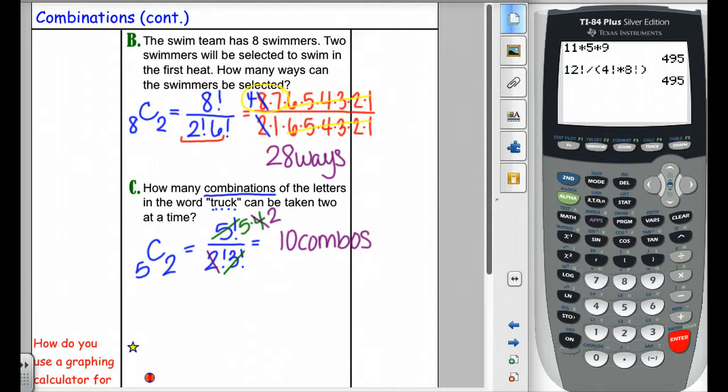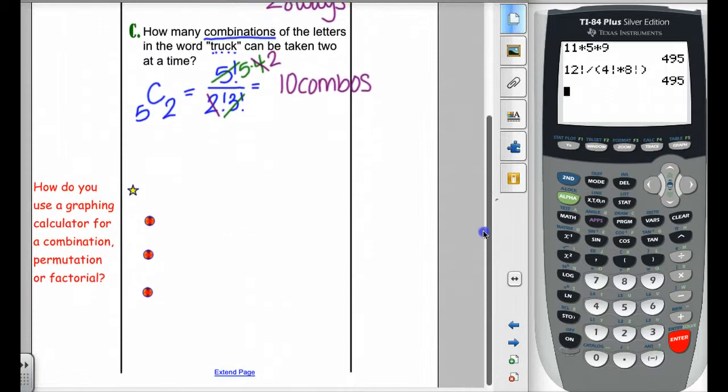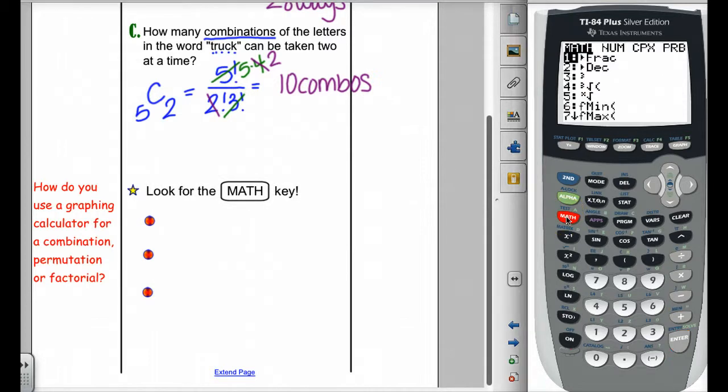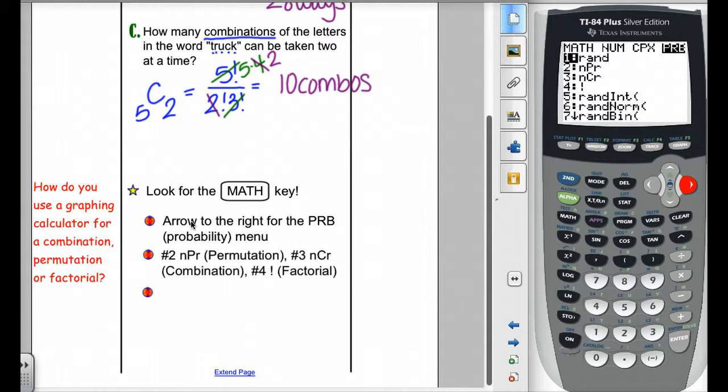Now, the second piece is using the calculator. We've used the calculator with the factorial, but I want to use it for the permutation and combination. We talked about permutation yesterday. So we look again for that math key, and we arrow over to PRB, and we talked about the nPr permutation button. Now number 3 is the nCr, and we talked about factorial yesterday. Remember, the n must be entered before the value.